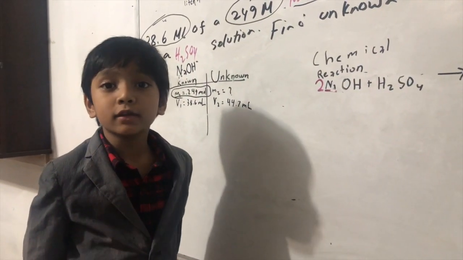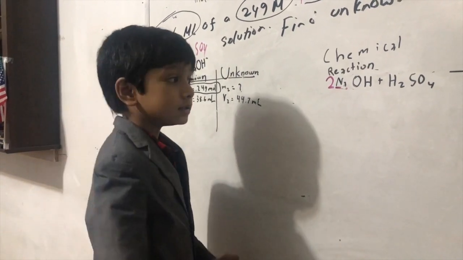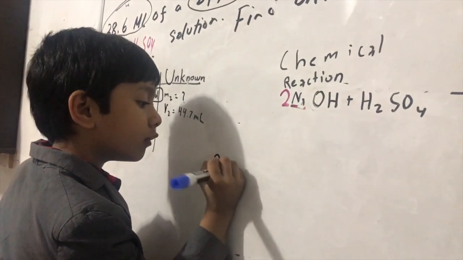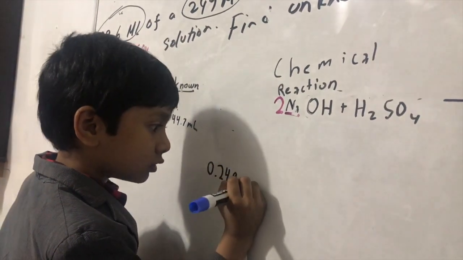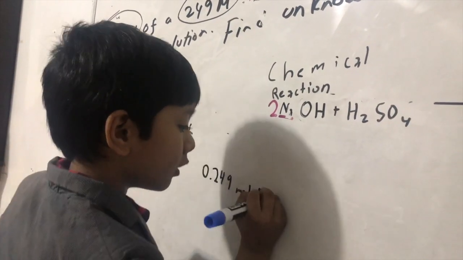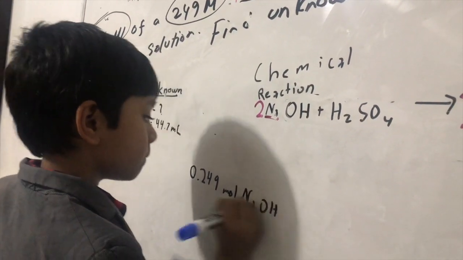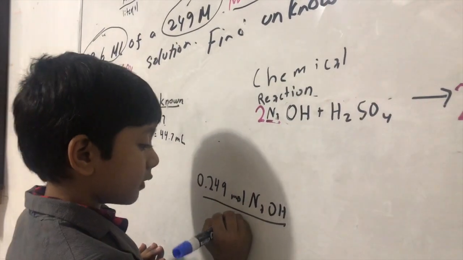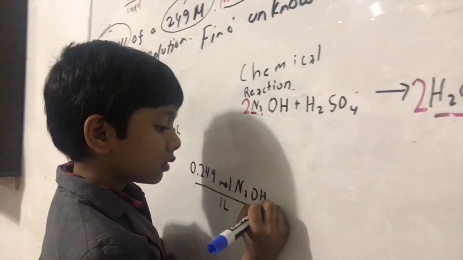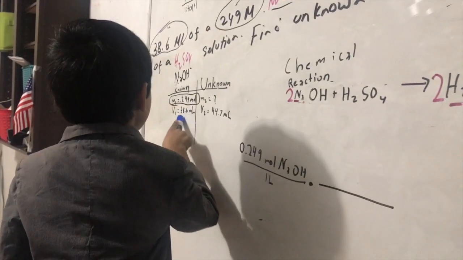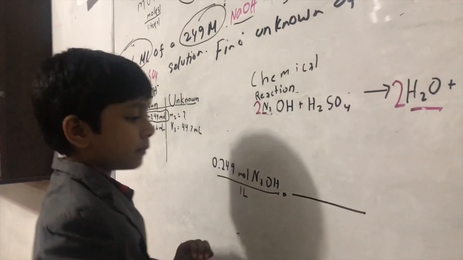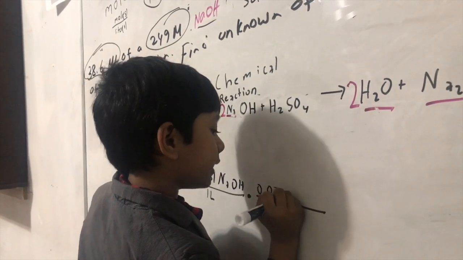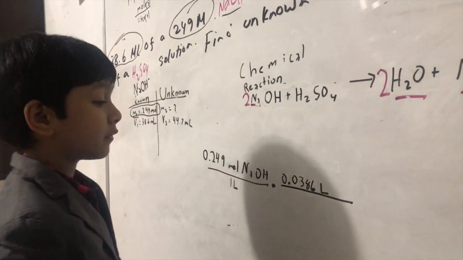So now moles and liters, they're almost like twins. We have to put them together. So 0.249 moles of NaOH divided by 1 liter, multiplied by this 38.6 milliliters, which actually means 0.0386 liters if you convert it.